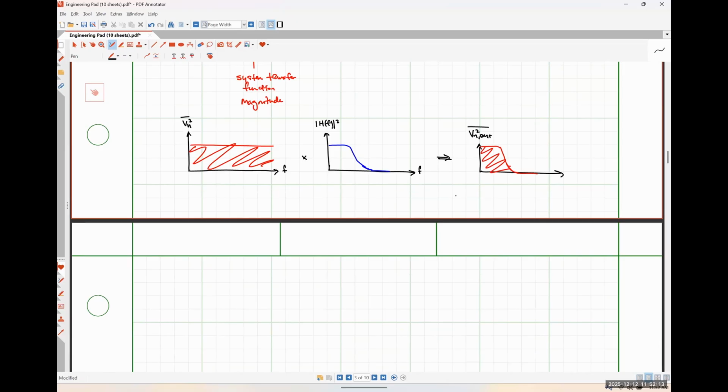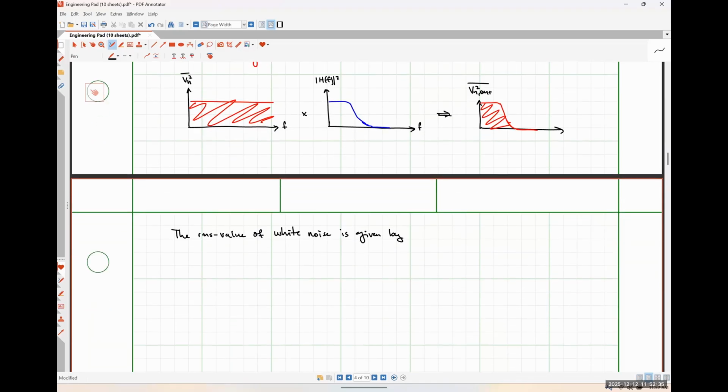The RMS value of white noise is given by the following relationship.